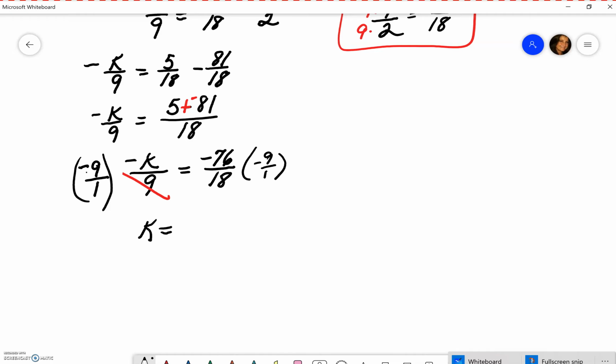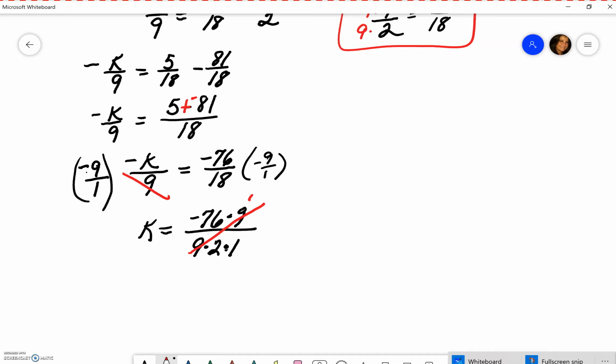And that's equal to, and I'm just going to write this as one fraction, which is negative 76 times 9, all over 18 times 1. As you can see, we can go ahead and get a 9 out of this 18, so 9 times 2. Let me just rewrite that. So it would be 9 times 2 times 1. You can see the 9s reduce out to 1.